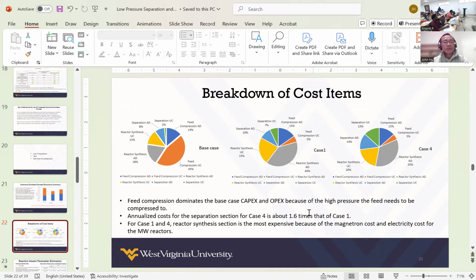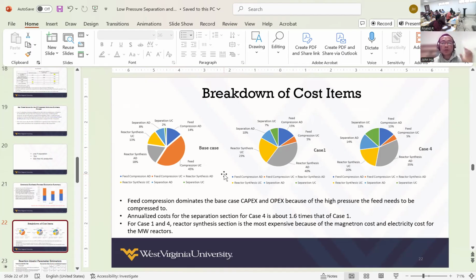Okay, very good question. So the Haber-Bosch data is the so-called baseline. And then there is the new technology. For any economic analysis, you have to choose a base case. The base case is more than likely a commercial case.